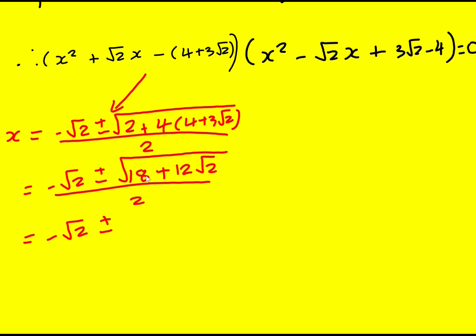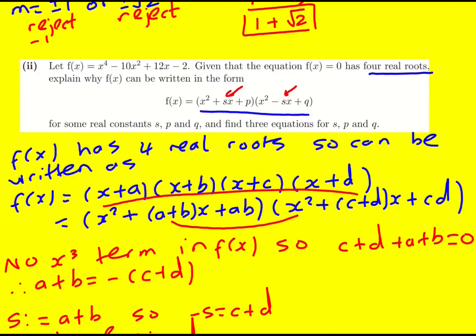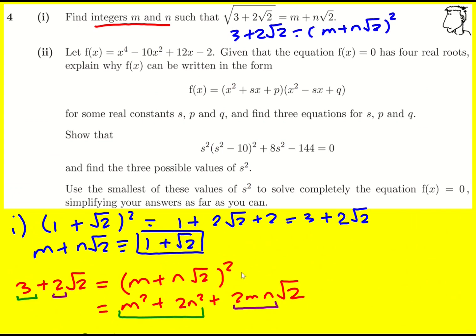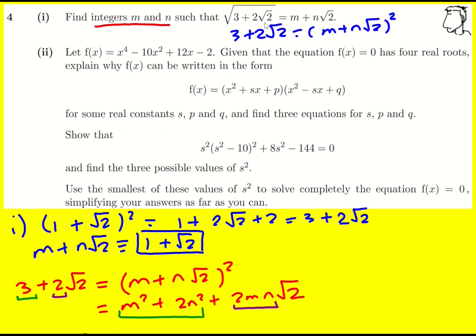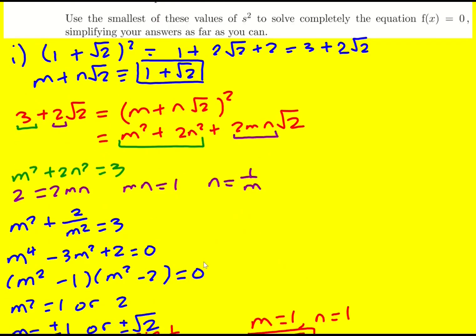What can I do? I can't take a nice square number out of this. I can take 9 out of the 18 and 4 out of the 12, but I've got to take it out of both. Let's just return to here though. Remember, right at the start, we had that the square root of 3 plus 2 root 2 was 1 plus root 2.